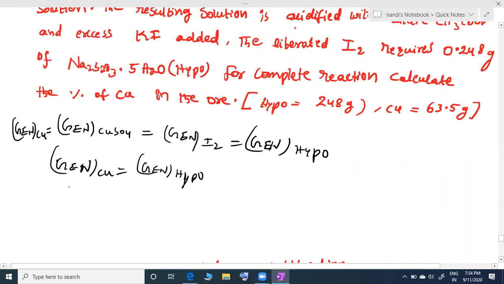So you can write here Gn means weight by equivalent weight. Equivalent weight of copper is already given, n factor is 1 in these titrations. So I can use here 63.5. What is the atomic weight of copper given here? 63.5. Please use that one. 63.5 equals, what is the weight they gave for hypo? Weight is 0.48, sir.